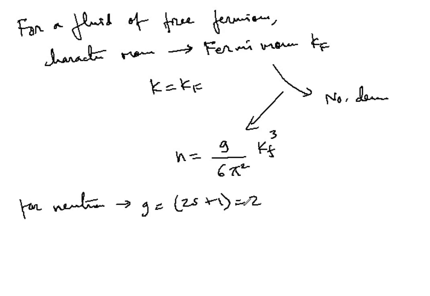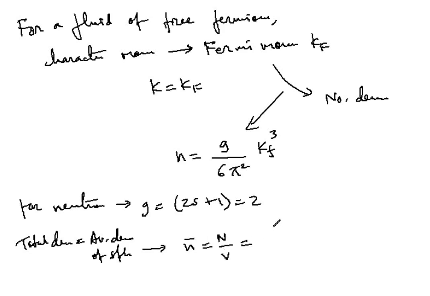Now, for simplicity, we set the total density equal to the average density of the sphere. And so we can write this average density as N by V, which gives 3N by 4 pi r cube. Here, this capital N stands for the number of fermions in the sphere.